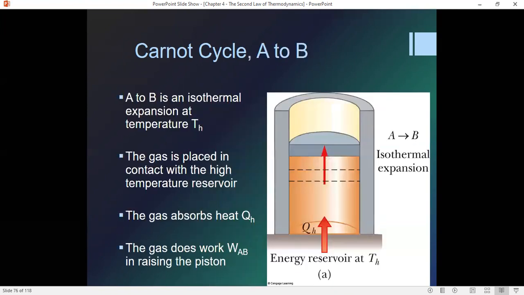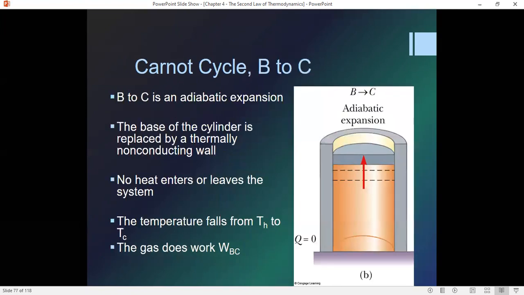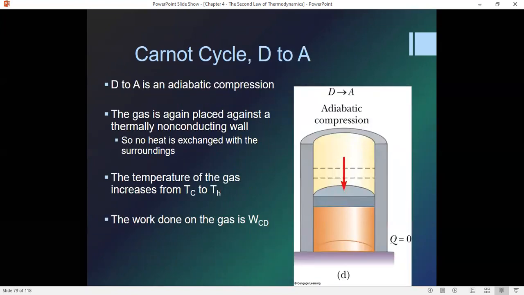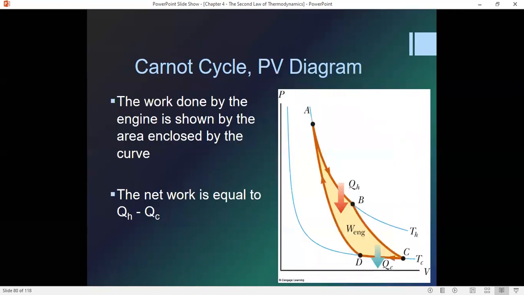Okay, what's not so important is each part of the cycle. Those were important for his analysis, but what we need to know is the end result. This is just showing on a PV diagram, QH going in, QC going out, and then the work would be the energy that we could extract from our Carnot engine.